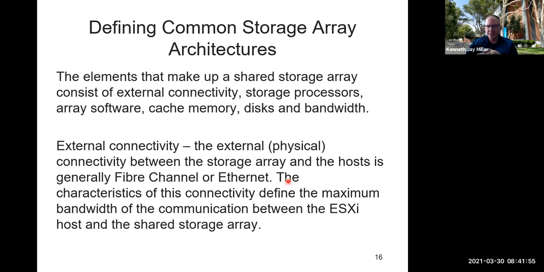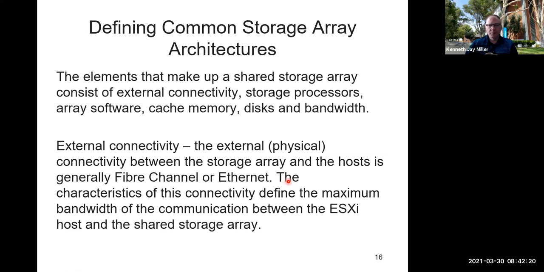For some of them, the minimum network connectivity is 10 gigabit. That's a 10 gig connection, which is not common on our enterprise networks today, right? Most of our enterprise networks are 1 gigabit.